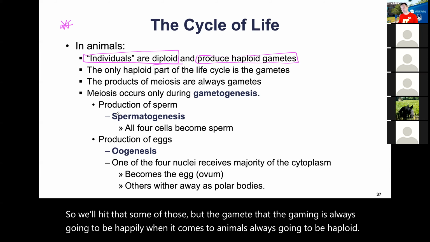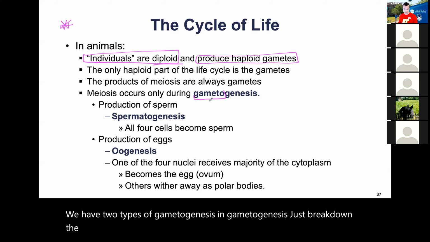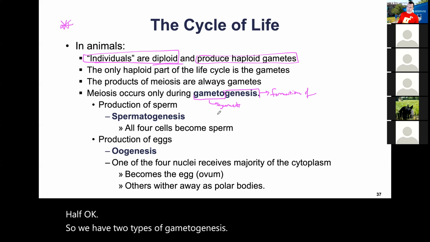We have two types of gametogenesis. In gametogenesis, just break down the word: gamete, and genesis is formation of. We have two different sexes.